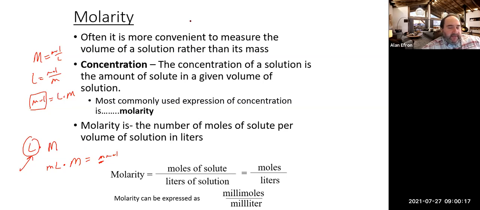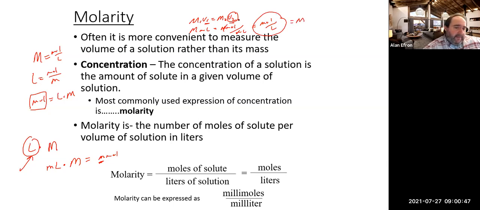So you'll be off by a factor of 1,000 if you don't do the multiplication correctly. If you're doing something like the dilution equation that we've used before, because there's two molarities and two volumes, you do not have to convert into liters as long as both volumes are in milliliters. If we take molarity times milliliters here, that gives us millimoles, and then if we divide by milliliters here, the millis cancel out, bringing us back to moles per liter, which is molarity.